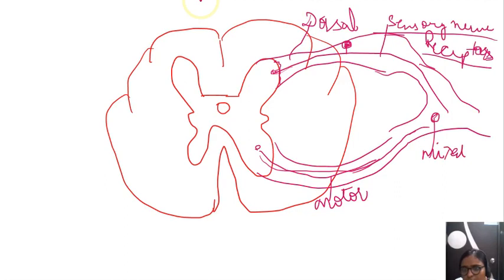Why? Because it is mixing with your dorsal area, right? From here it is exiting, and this is the trunk of the nerve root, and this is the ramus. So it will supply the effector. Effector means your muscle or gland.